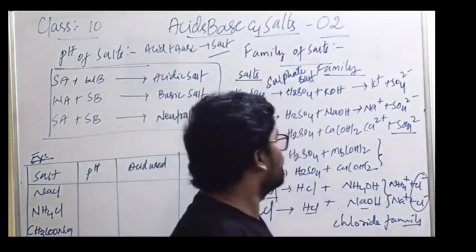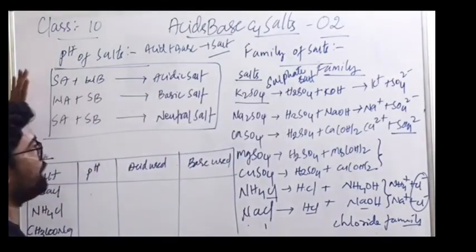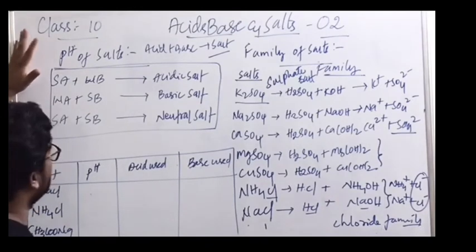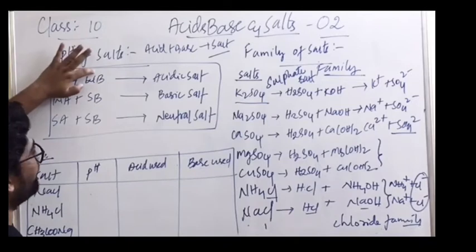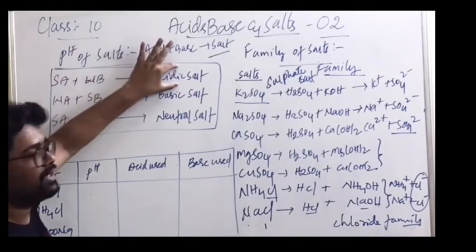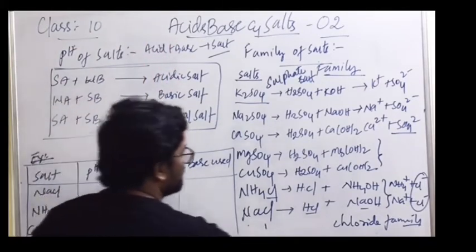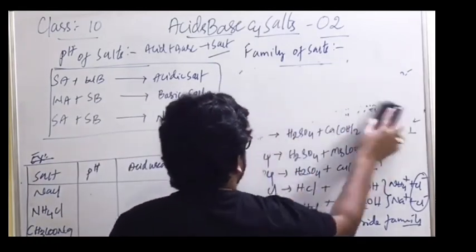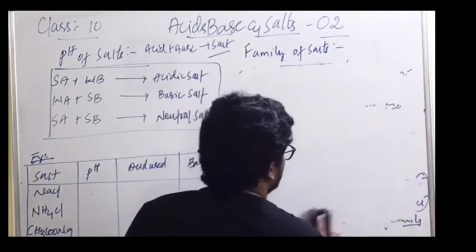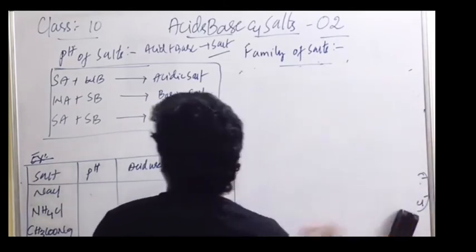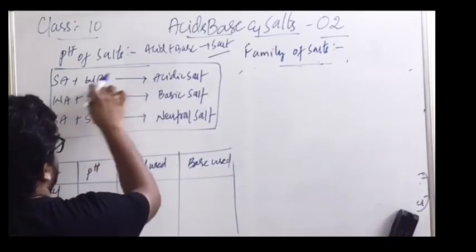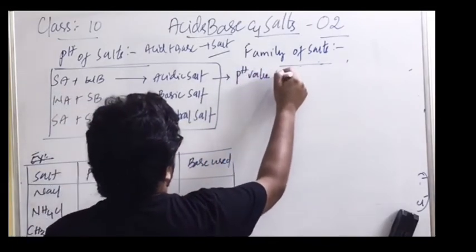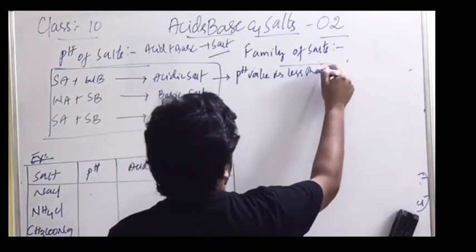Is it clear? Now the next concept, how do we find the pH of a salt? Whenever there is a reaction between a strong acid and a weak base, the salt is an acidic salt, and the pH value is less than 7.